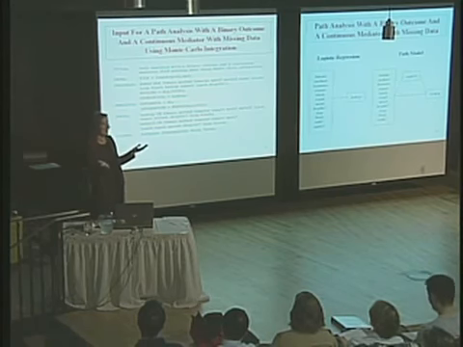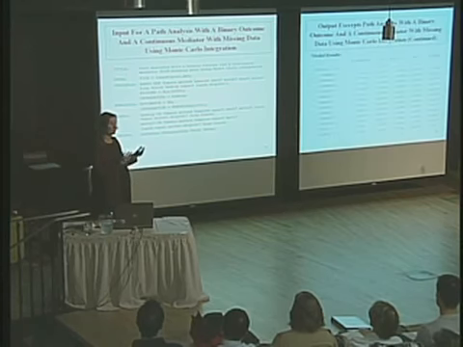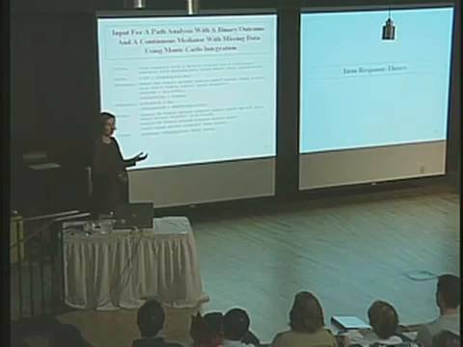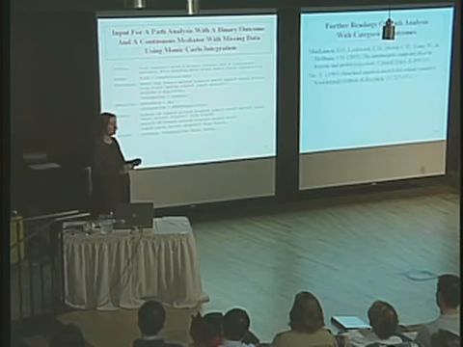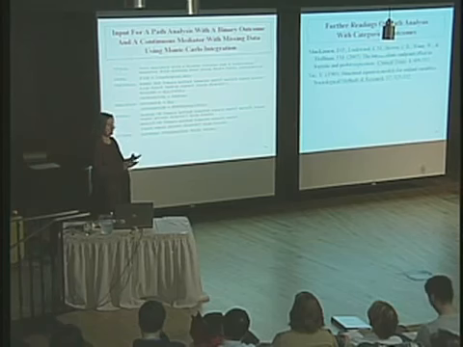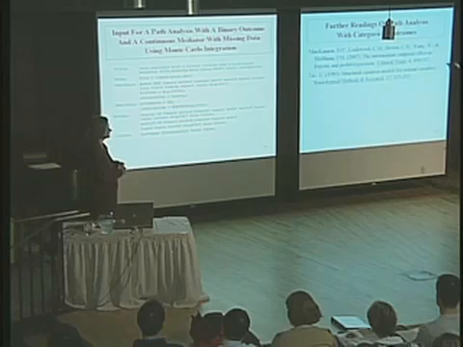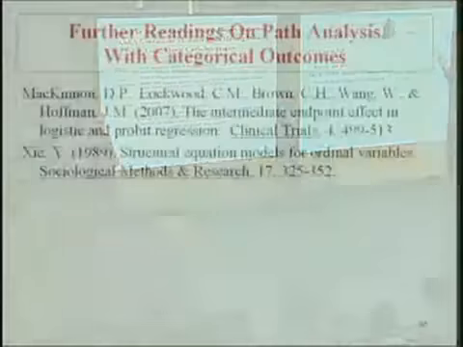Basically, Dave McKinnon has studied this thoroughly, and we base our model indirect on his work. And he has shown that in this case, you can also have the product. So you can have a product of a linear regression coefficient with a logistic regression coefficient, and you will obtain an indirect effect. Read that paper on the Mplus website.